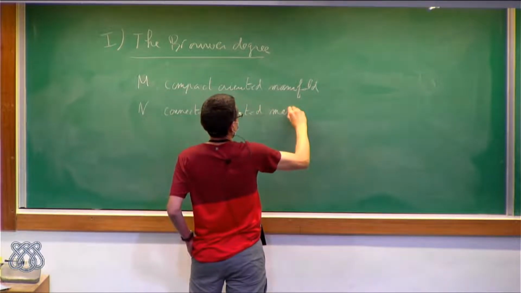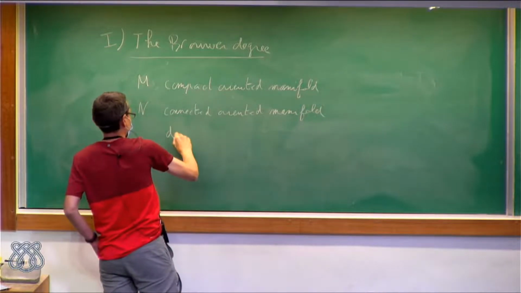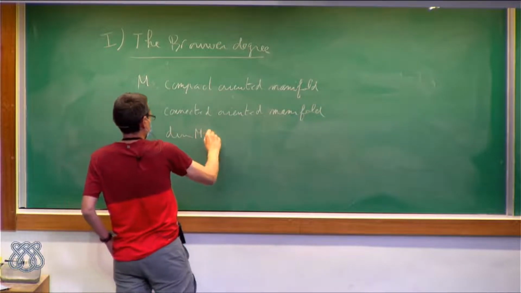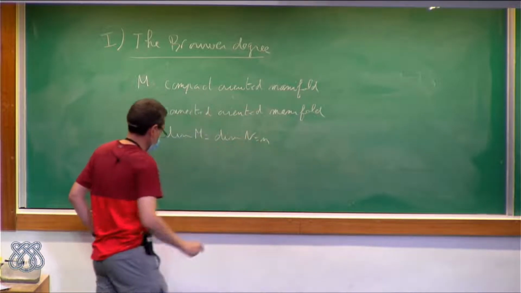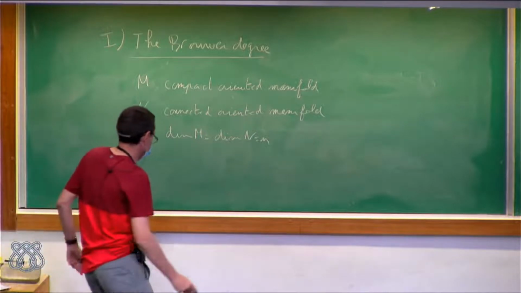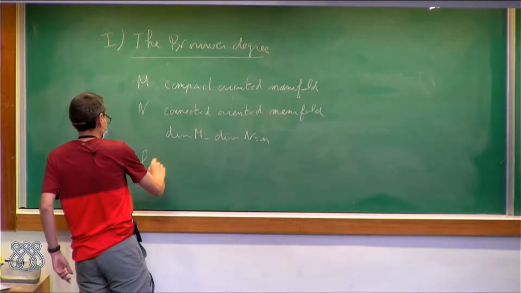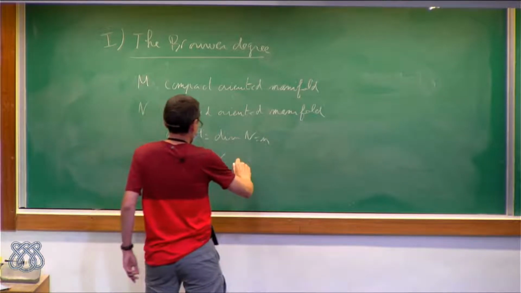And they have the same dimension. I say they have the same dimension. And I consider a smooth mapping between M and N. I call it F. So it's smooth.